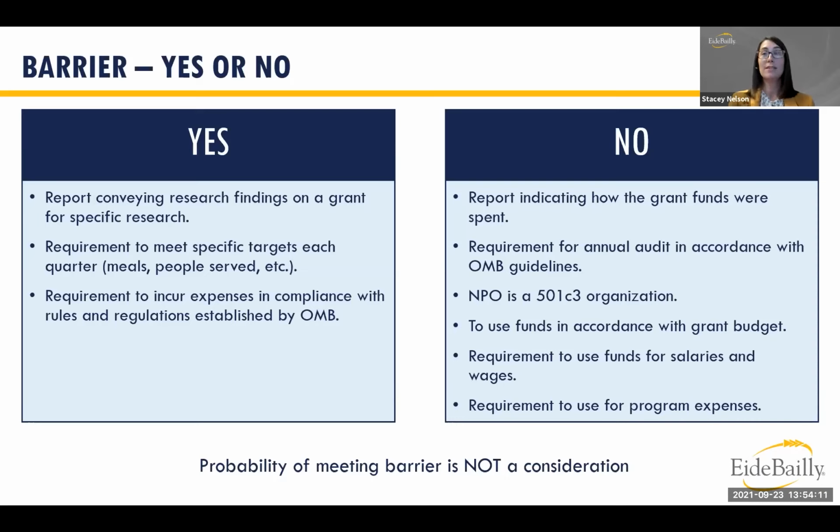Under the old nonprofit GAAP, probability or likelihood of meeting a barrier was a consideration. This is no longer a consideration under 2018-08. You are no longer going to make those assessments to determine if you have a condition. So that's a change from previous GAAP.